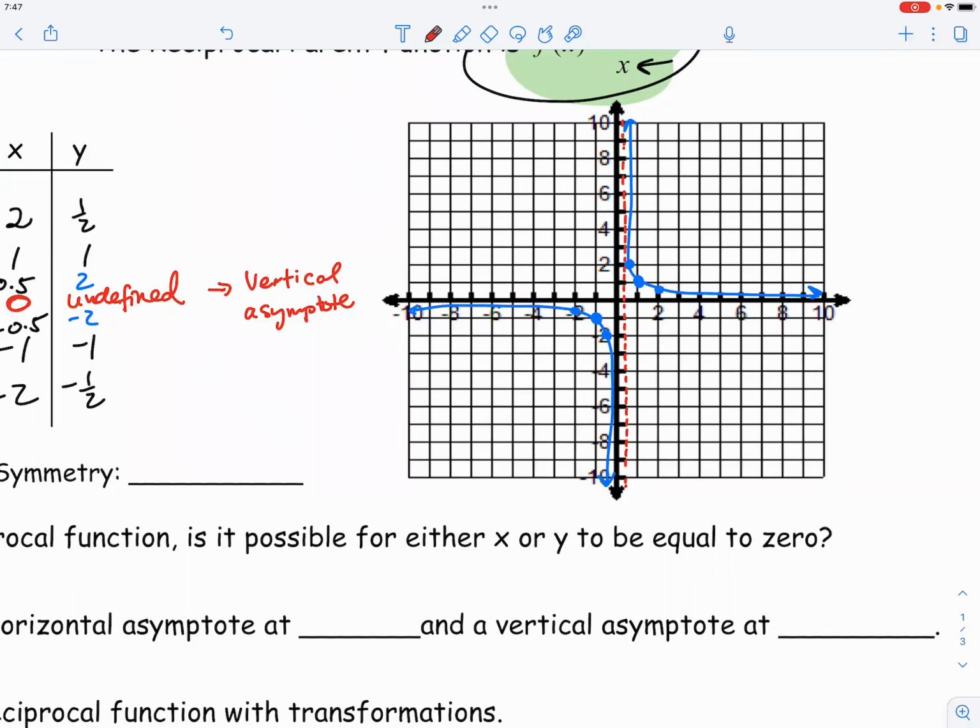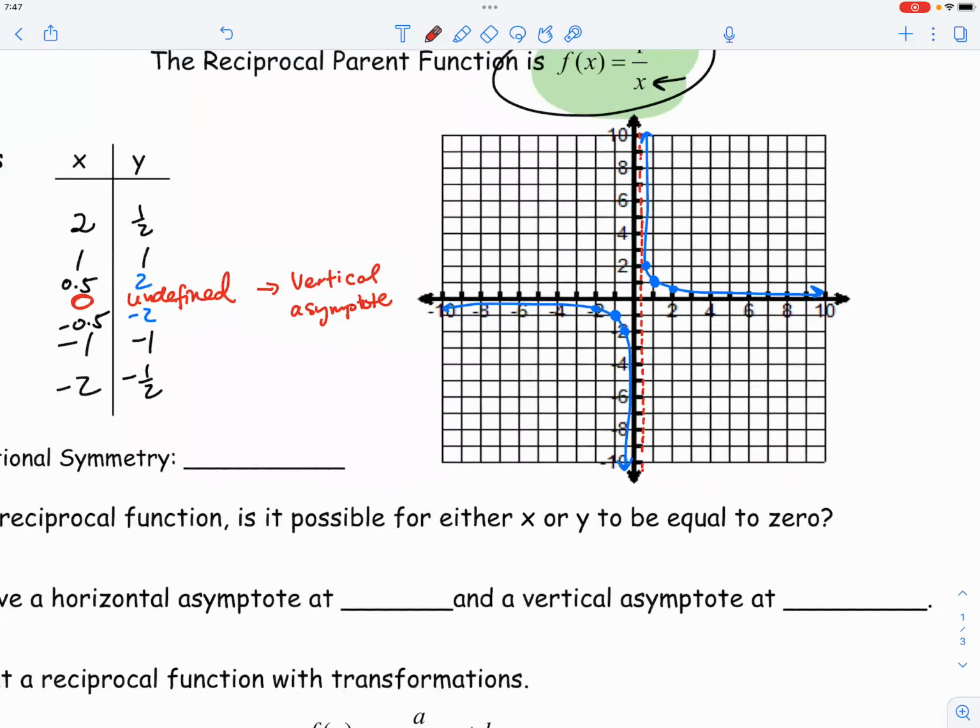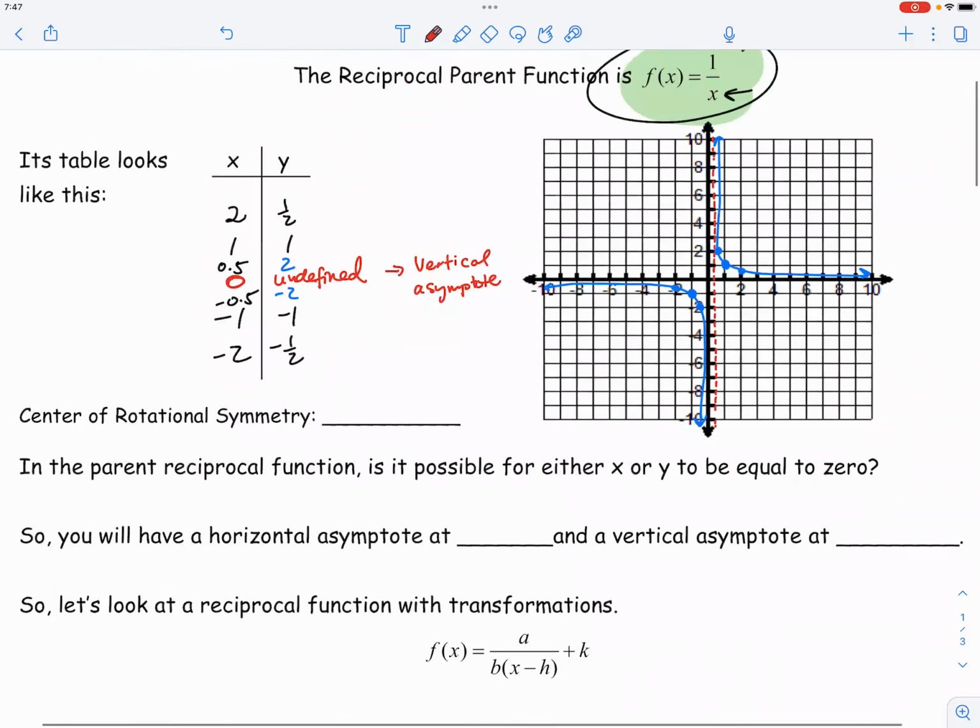So please do not just reverse the orientation of the vertical asymptote and say, oh, that's what a vertical asymptote is, so that should be what a horizontal asymptote is as well. That is not quite true. We'll talk about horizontal asymptotes in just a moment.